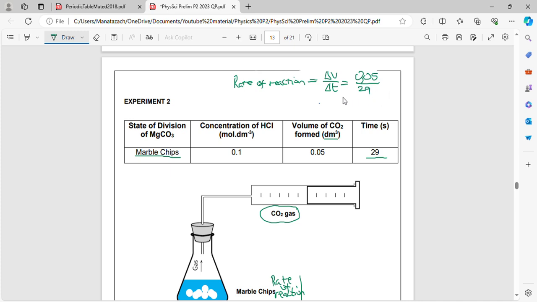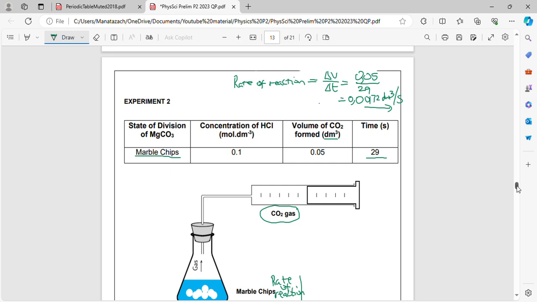So here the rate of reaction, putting that on the calculator, 0,05 divided by 29, I get 0,0017 dm cube per second.